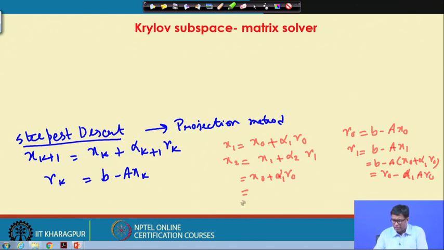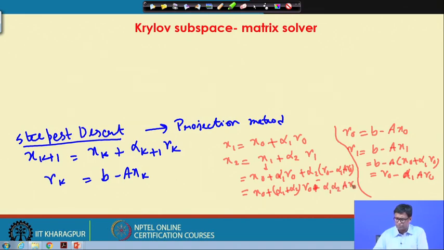So, I can substitute here that x 1 is x 0 plus alpha 1 r 0, and this is plus alpha 2 into r 0 minus alpha 1 A r 0. So, this is x 0 plus alpha 1 plus alpha 2 r 0 minus alpha 1 alpha 2 A r 0.